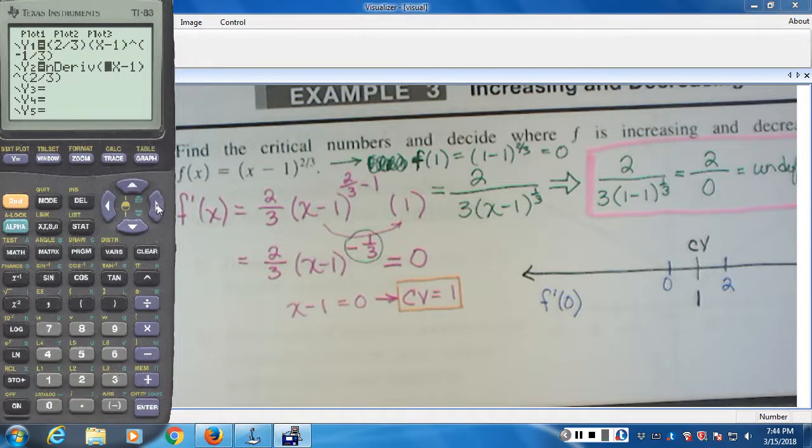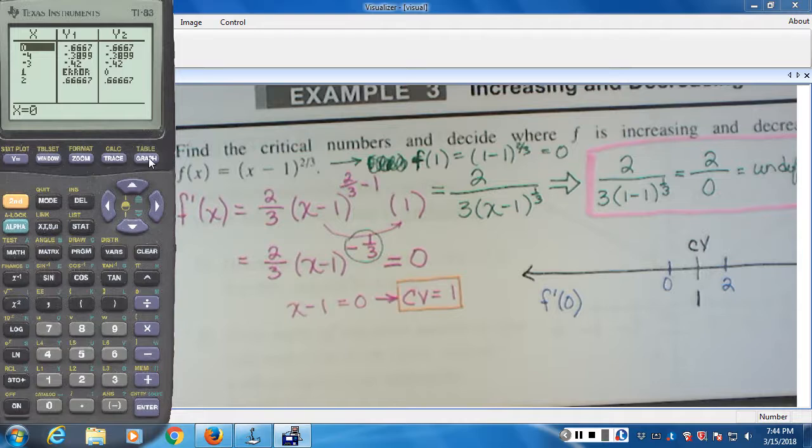Yeah, it's not the right symbol. Must have hit second before I hit it. So there's x minus 1 raised to the 2/3 power with respect to x for all values of x that I ask it for. And then we'll go to the table. And hopefully the answers we get in y1 and y2 are all going to be the same.